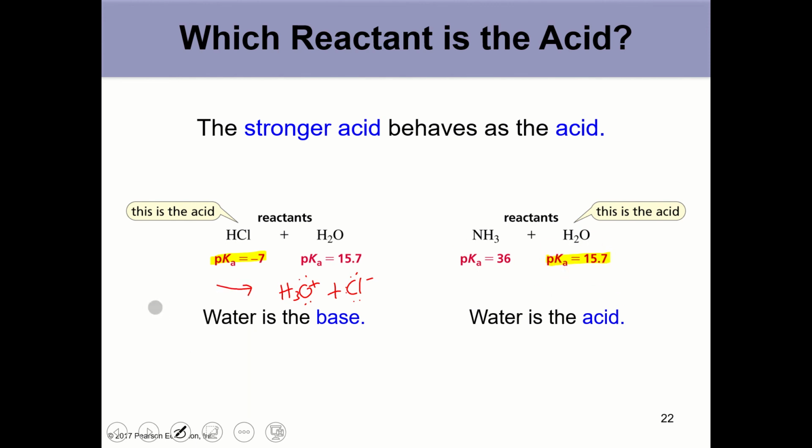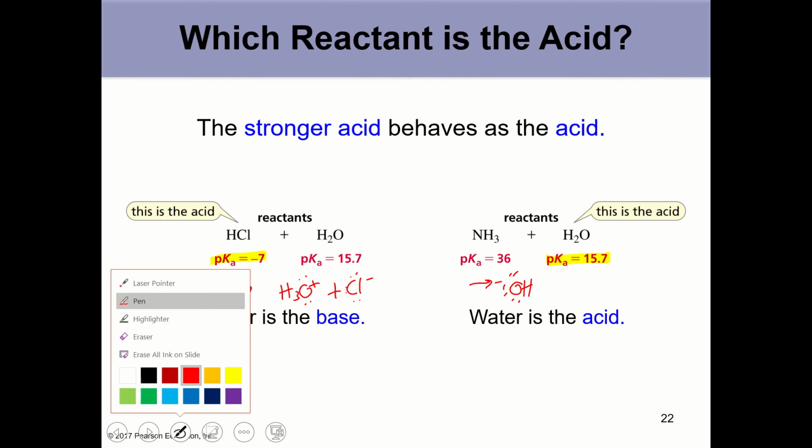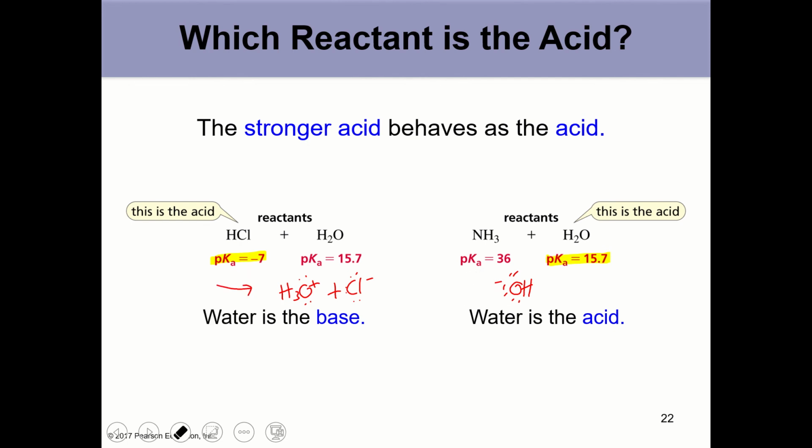And the products of the reaction you should be able to write out would be water having one less proton, forming hydroxide ion, and the ammonia gaining a proton.